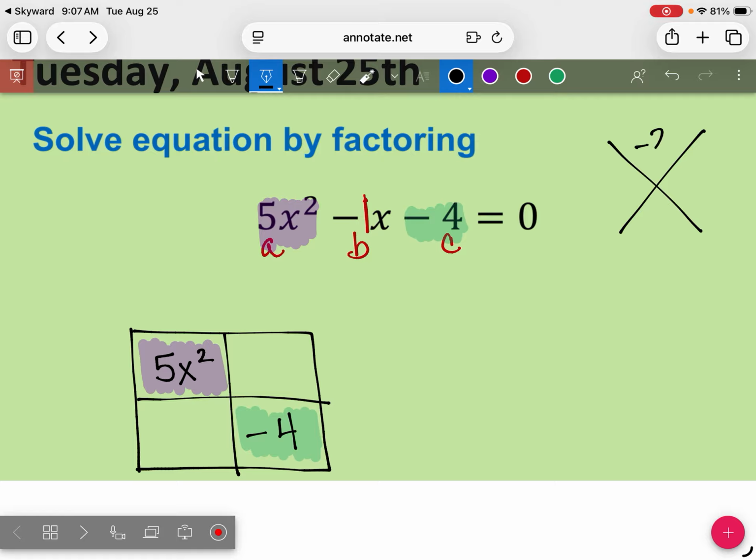So we have -20. B is -1. This is not the hardest part, but it is the most important part of factoring. Find two numbers that multiply to -20 but add to -1.